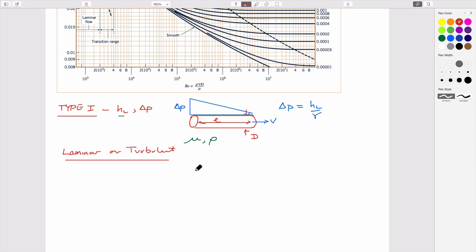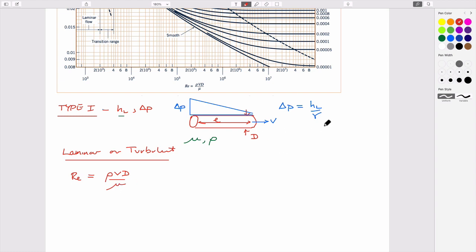So we have to figure out what our properties would be. So we know that we need to know something about the Reynolds number. And that is equal to density, velocity, diameter of the pipe divided through by viscosity.